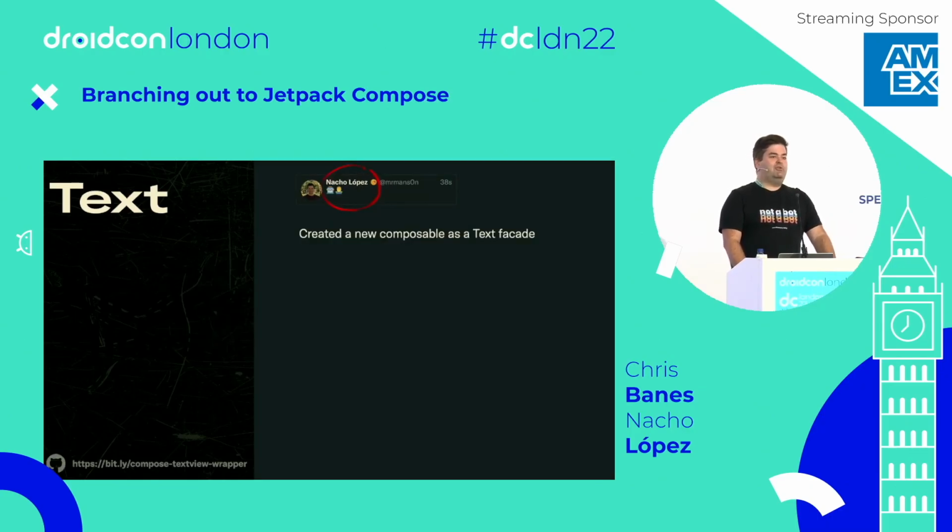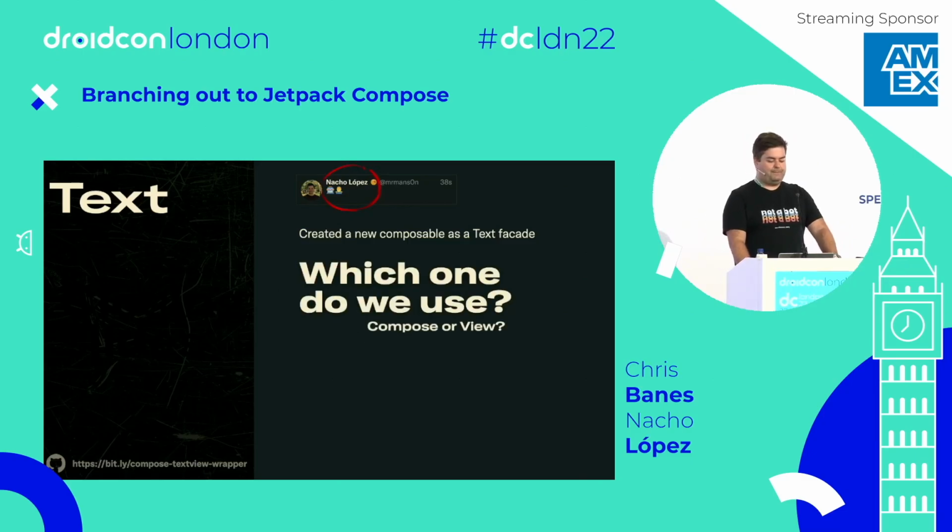So what we did is we created a facade for the text composable. To know whether to use the Android View version or the text composable version, we decide via heuristics. Basically, if the string we detected has an emoji, that has to go through Android View, else it can use the text composable.